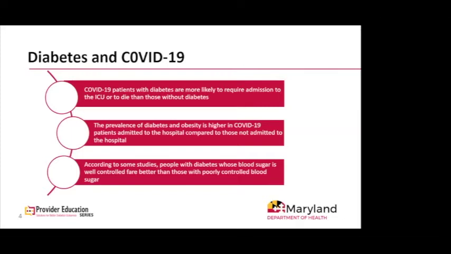People with blood sugar that isn't well controlled tend to have some of the same likelihood for poor outcomes. So it's a good argument for people to take better care with their diabetes and to control that blood sugar.